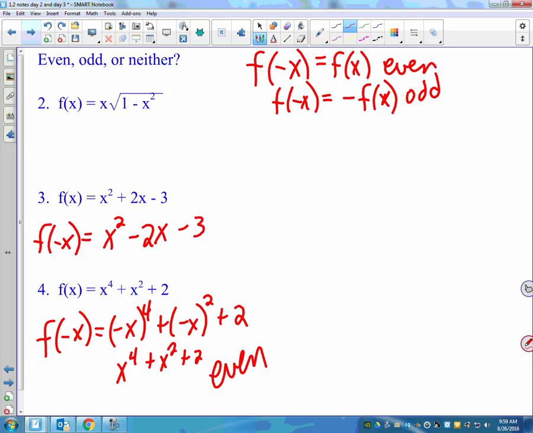So this is definitely not even because it did not stay the same, yes? If it's odd, every single thing had to change signs. Did everything change signs? No. So this is an example of neither, because it didn't all stay the same, it didn't all change. So this is neither.